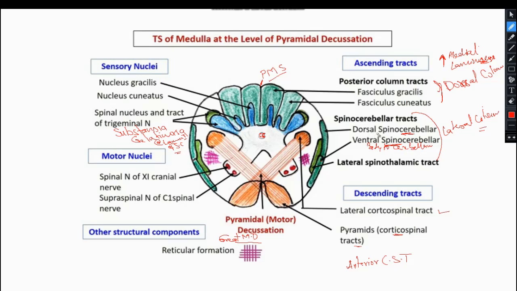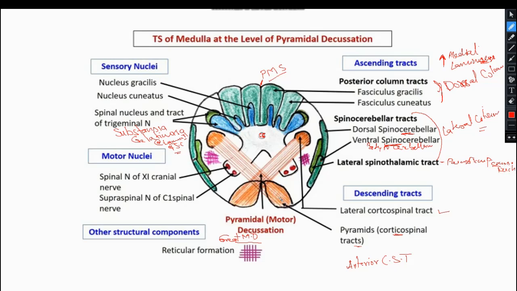The same is done by the dorsal spinocerebellar tract. The lateral spinothalamic tract carries information for pain and temperature, as well as coarse touch.